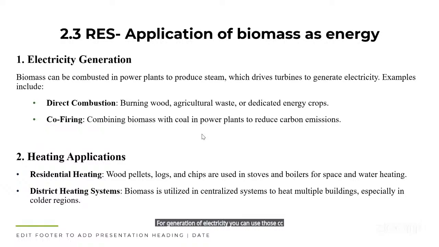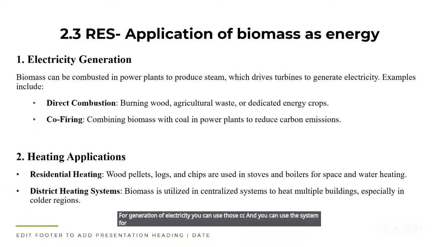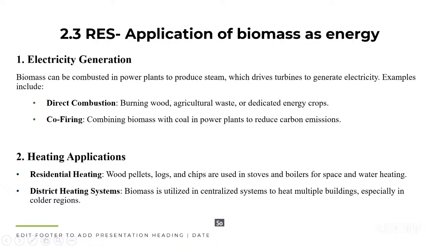And you can use the system for all heating applications. So these are some of the uses of these renewable energies in the agricultural value chain.